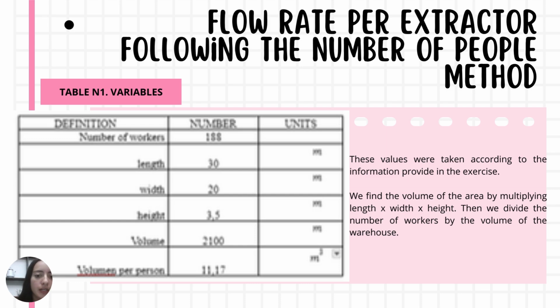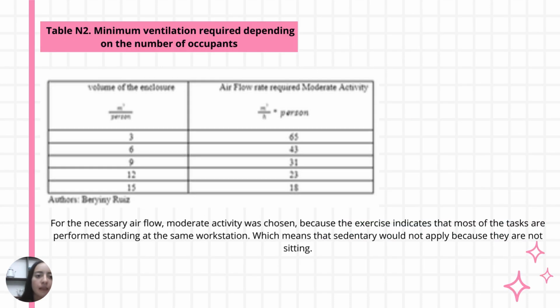Then we divide the volume of the warehouse by the number of workers. In table number 2, minimum ventilation required depending on the number of occupants. For the necessary airflow, moderate activity was chosen because the exercise indicates that most of the tasks are performed standing at the same workstation, which means sedentary does not apply because they are not sitting.